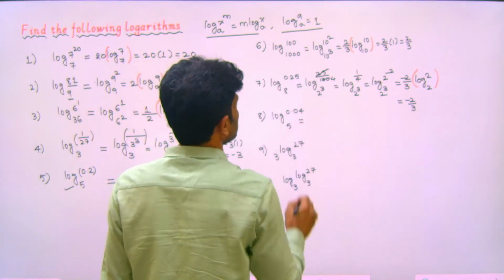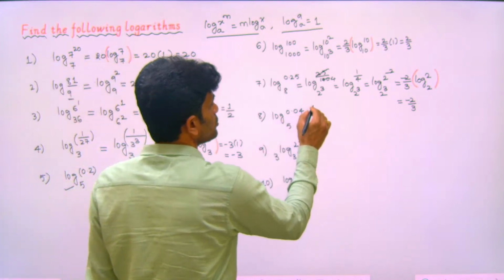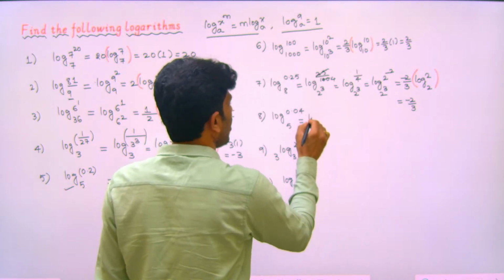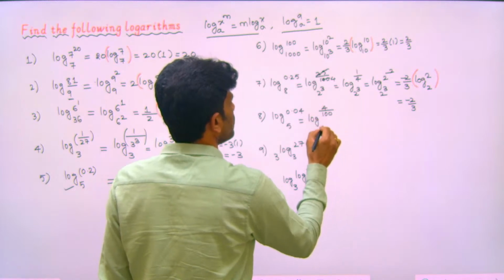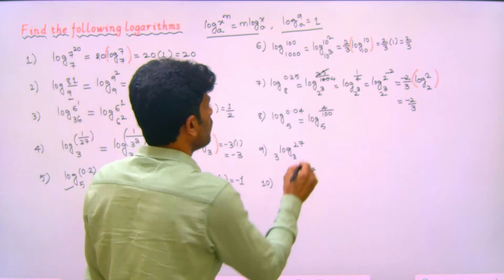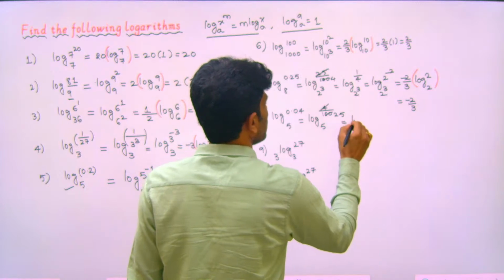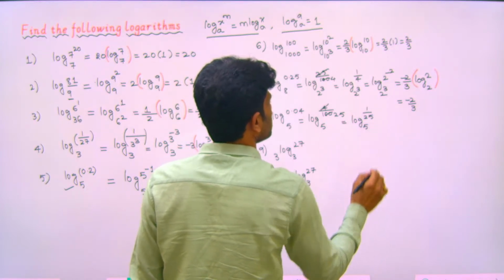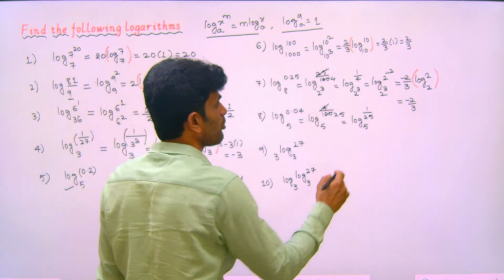Next one, here we have 0.04. We have to express it in p by q form like before. So it is 4 by 100. Log 4 by 100 to the base 5. Now we can cancel 4 and 100. 4 ones are 4, 4 twenty-fives are 100. So log 1 by 25 to the base 5. Now 25 is 5 to the power of 2, but it is 1 by 5 to the power of 2.